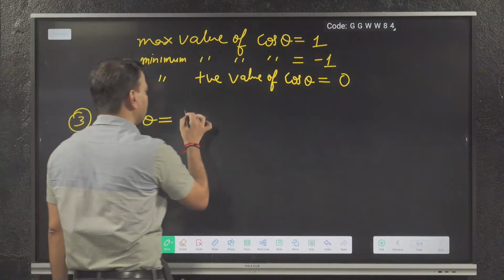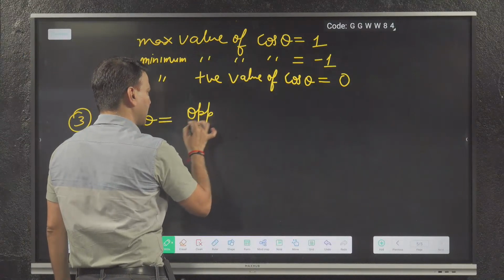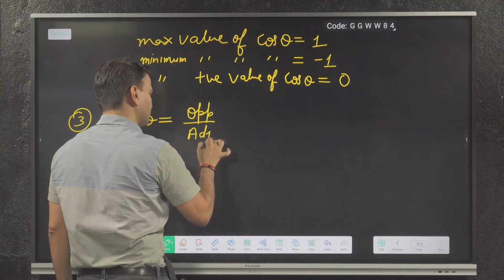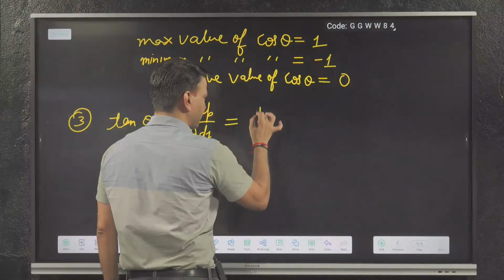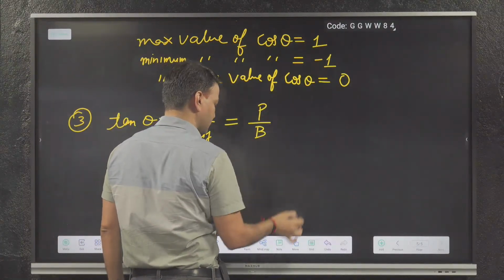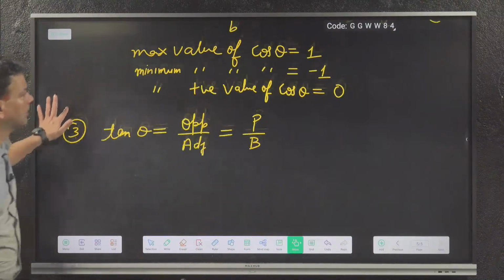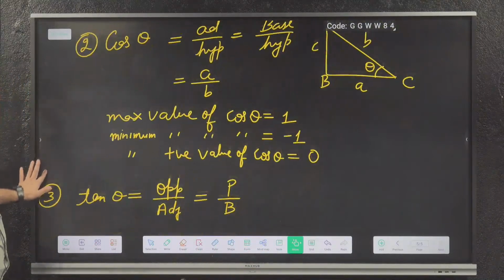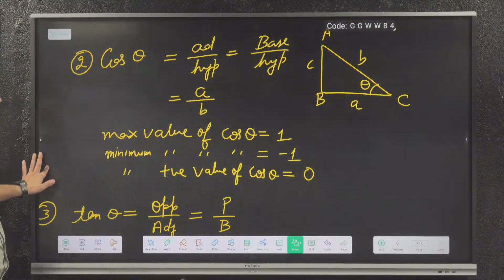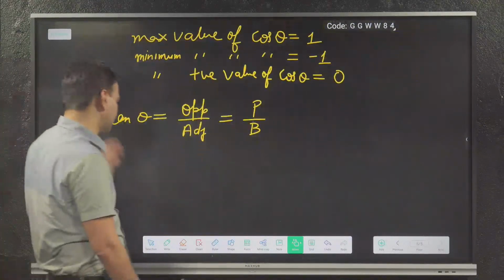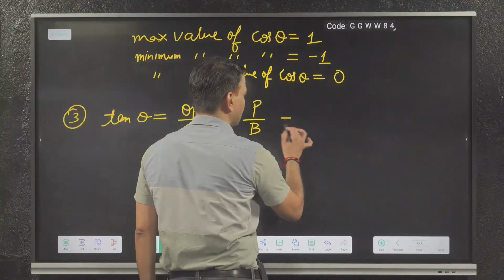Opposite side upon adjacent side, or perpendicular upon base. So here opposite side is C, and the adjacent side is A. So tan theta you will get C by A.